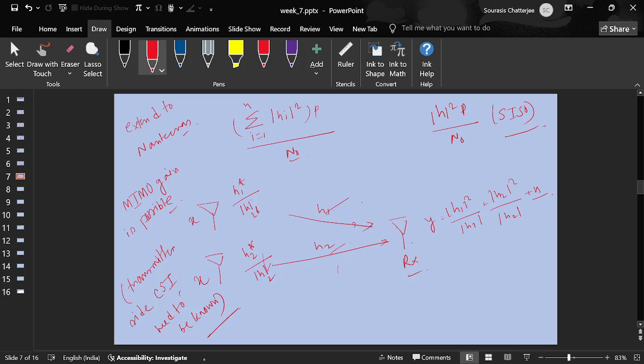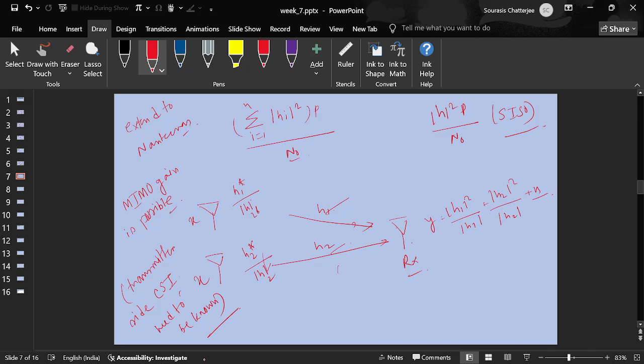But what I am trying to say here is, at the receiver end you have a single antenna, and here we have seen that the base station can have multiple antennas. So the base station needs to know the channel state information, right, to enable the MIMO gain. So how does it really achieve that?